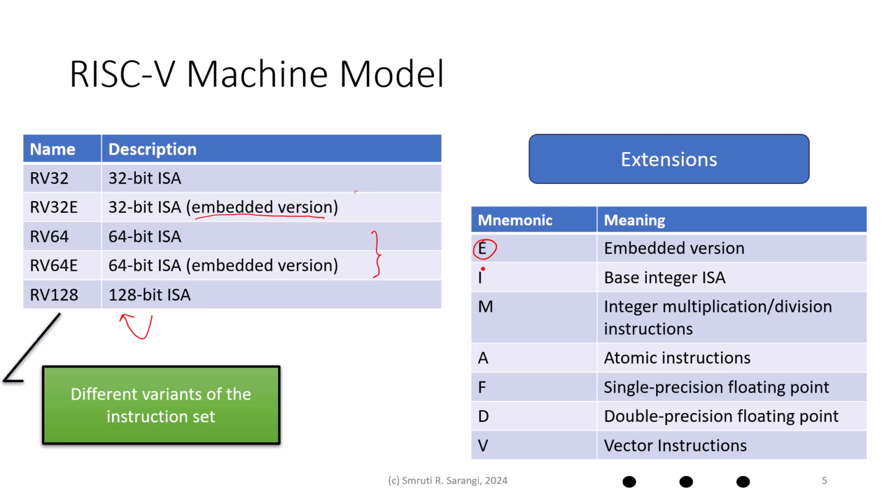The I extension is standard, so most of the time this is not written because you assume it's there. It is the base integer ISA that has very basic integer instructions and load store instructions. Then we have the M extension, which is primarily for multiplication and division, because these are not a part of the base ISA. They are separate.